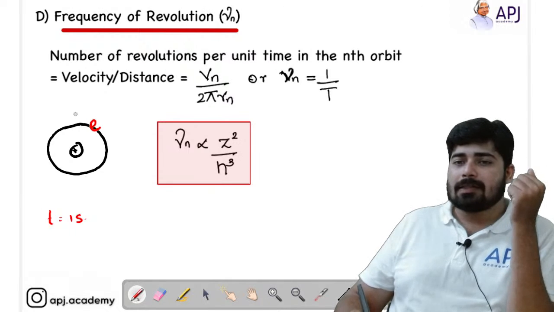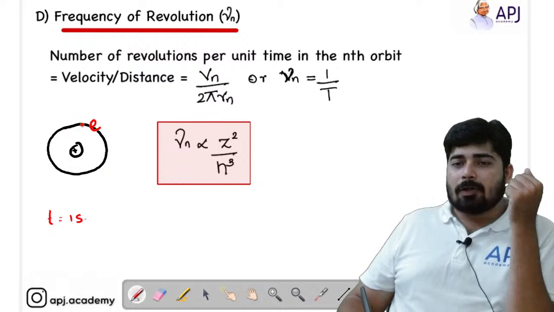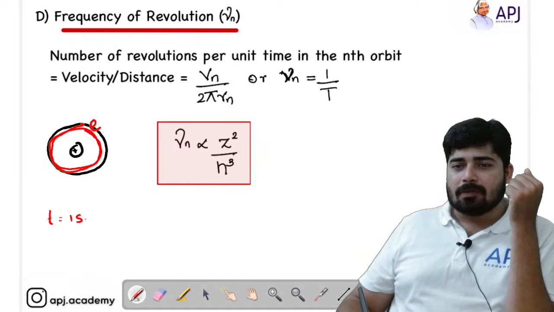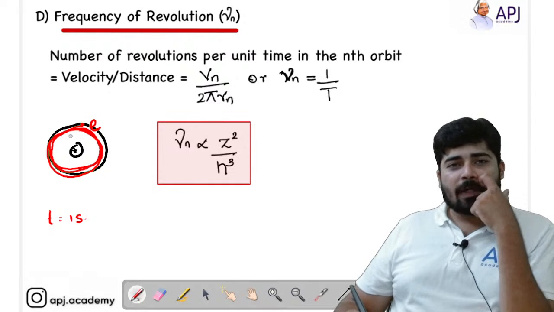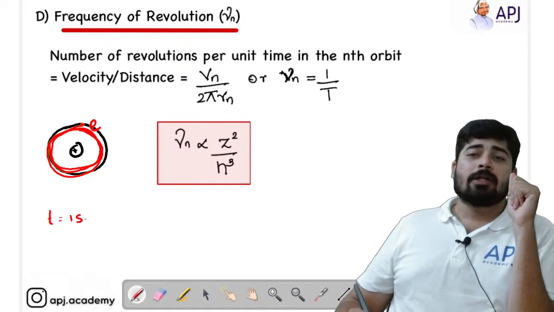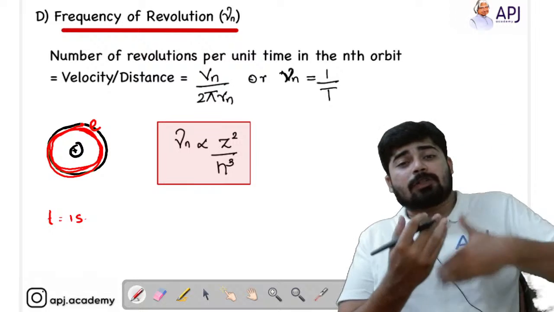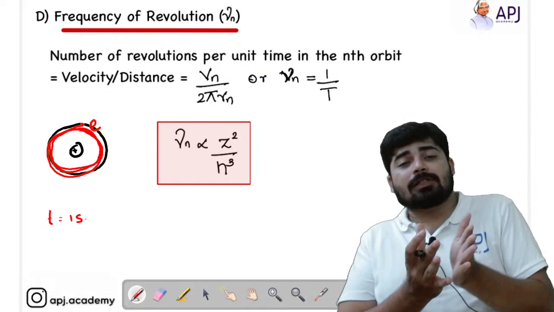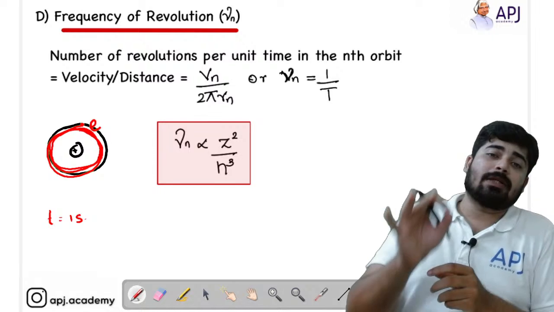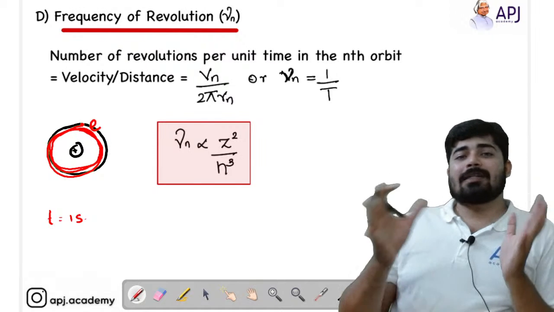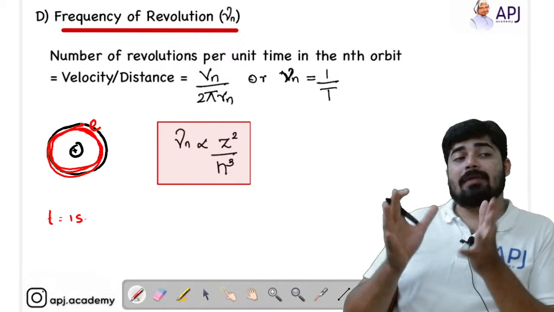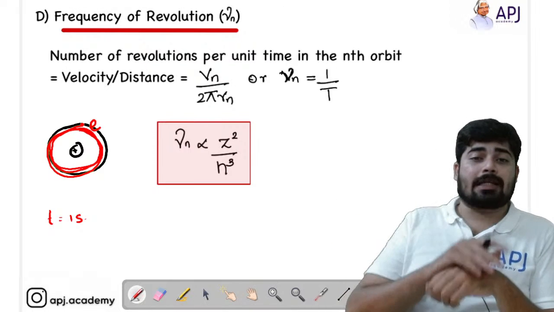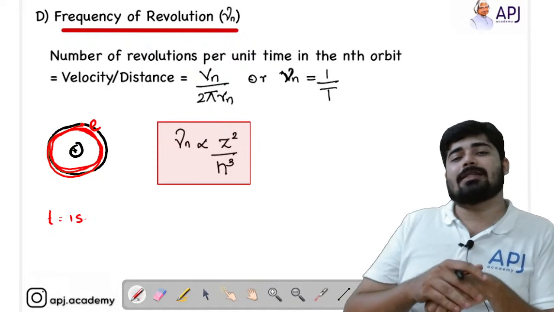What do you mean by frequency? If the electron starts from here and in 1 second it revolves 5 times, if it makes 5 revolutions in 1 second, then frequency is 5. So it is the number of revolutions it makes in a unit time. If I say it makes 1000 revolutions in 1 second, then the frequency is equal to 1000.